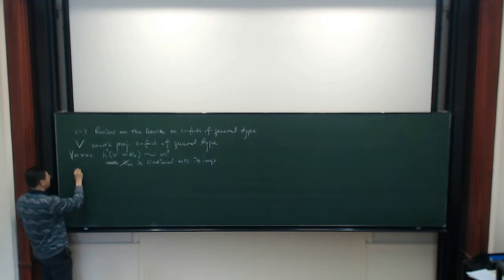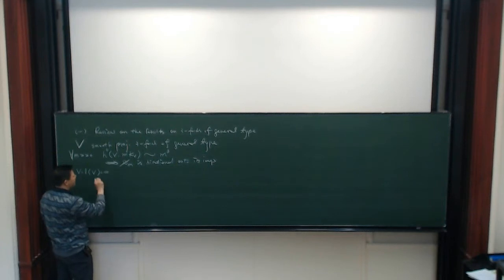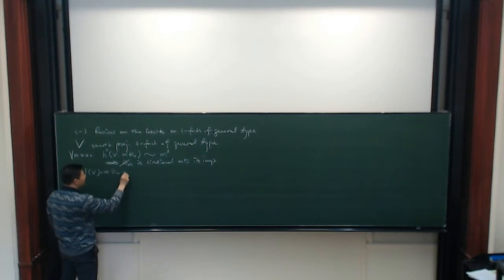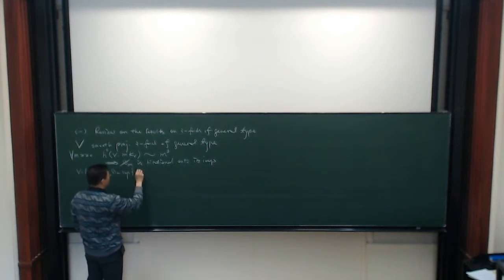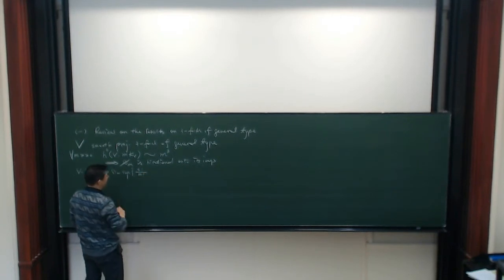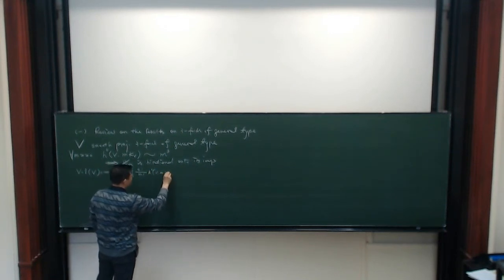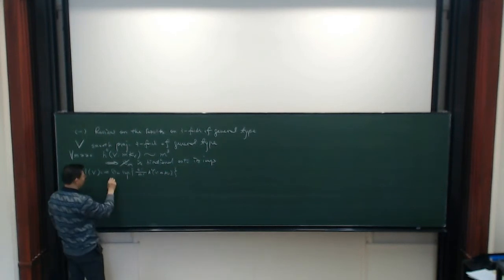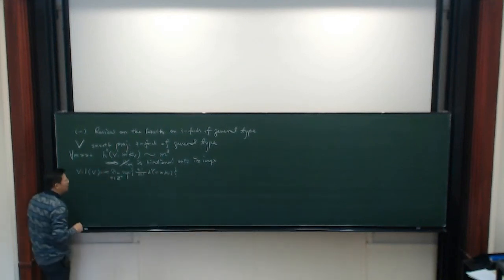For example, the first one is the canonical volume of this threefold V. This is defined to be the limsup of h^0(V, mK_V) over m cubed over 6, where you take m to be positive integers, and this is a birational invariant.